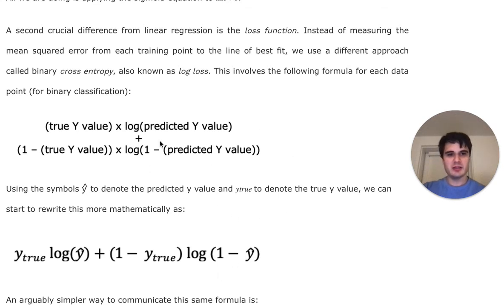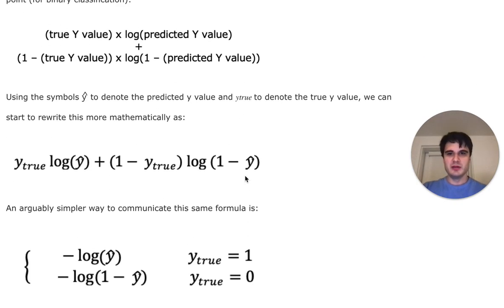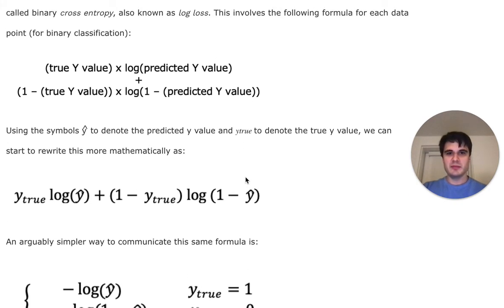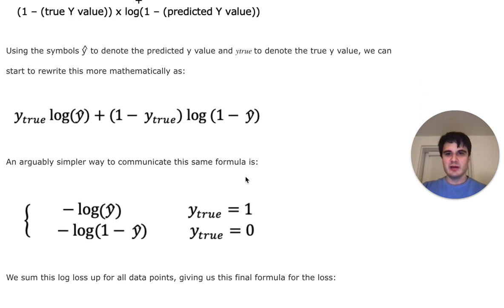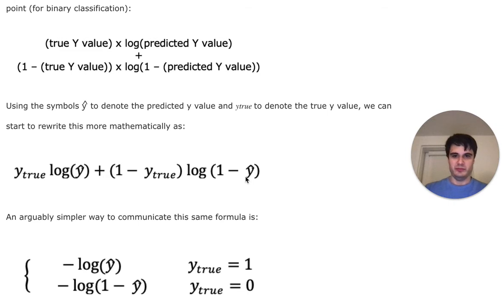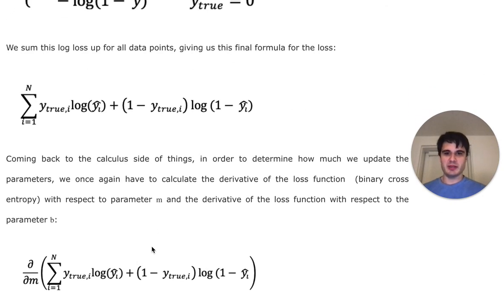And cross entropy gives us that continuous differentiable function, which is very convenient for doing calculus. So the final loss function is just to sum up the cross entropy loss for all our data points and minimize the sum of the cross entropy loss for all data points that we're predicting.